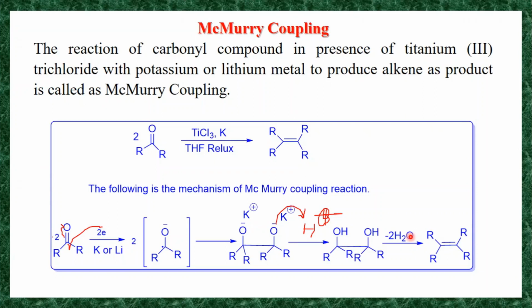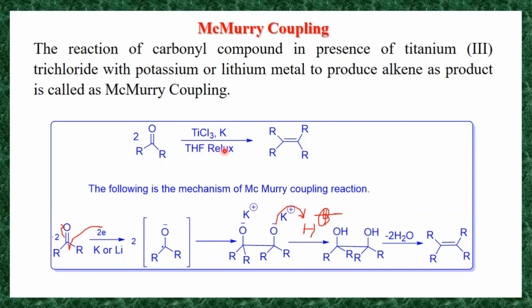Which reaction? McMurry coupling reaction. McMurry coupling reaction means the reaction of carbonyl compound in presence of titanium trichloride with potassium or lithium metal to produce alkene as a product. That reaction is called the McMurry coupling reaction. So two molecules of carbonyl compound react with titanium trichloride in presence of potassium metal, THF, reflux.